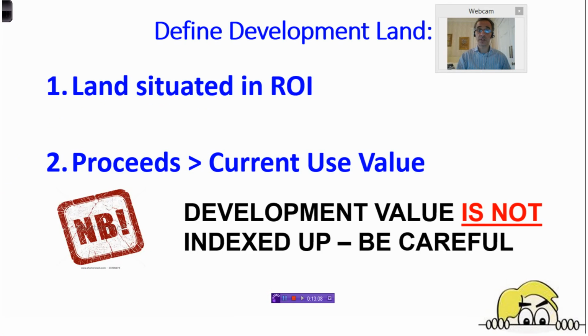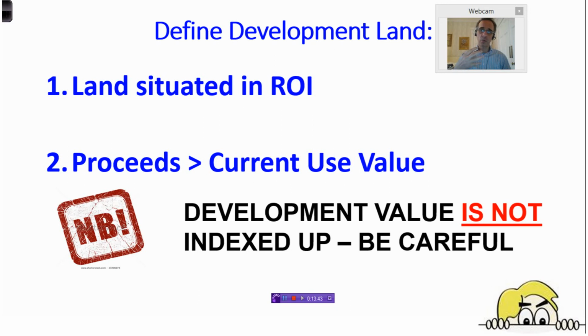So let me take you through this idea here within CGT. In terms of a definition of development land for our purposes, it's just land situated in the ROI where the proceeds are greater than the current use value. Now, you may look at that and think, well, what does that mean? Well, we have an asset that is defined as development land, which has been sold, but the value of the proceeds would appear to be more than the current use value of the land.